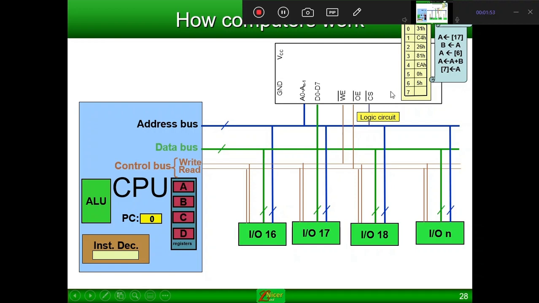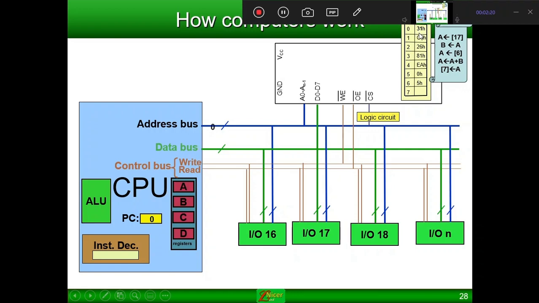So let's start. At the initial stage, our program counter counts at 0. At position 0, the program counter loads the data present at position 0, which is 31 in hex.